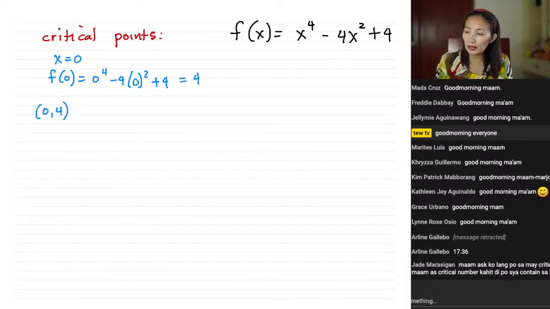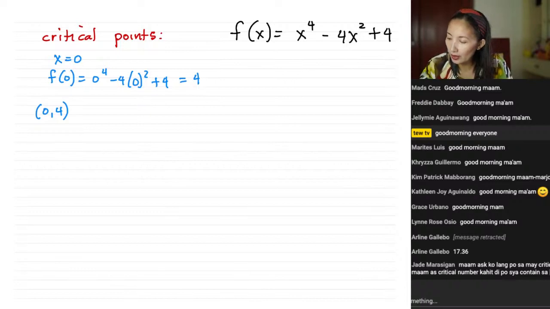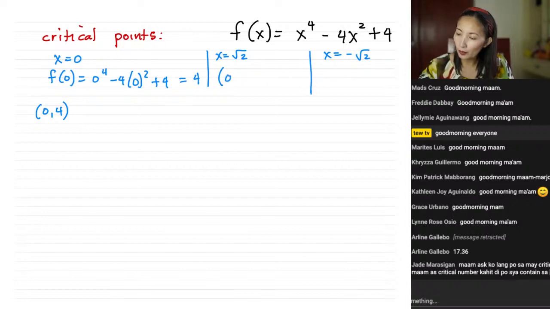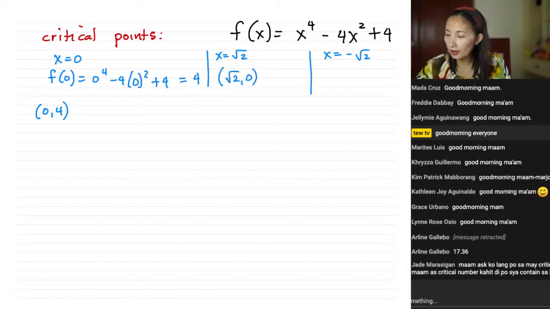Okay, one critical point is 0, 4. What are the other critical points? The other critical points are at x equal to square root of 2 and at x equal to negative square root of 2. But we said a while ago that these are the x-intercepts. So they are contained in the points square root of 2, 0 and negative square root of 2, 0.